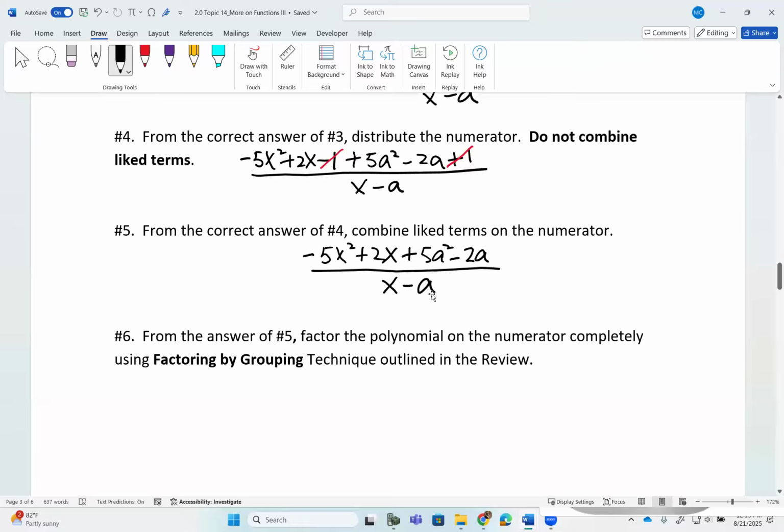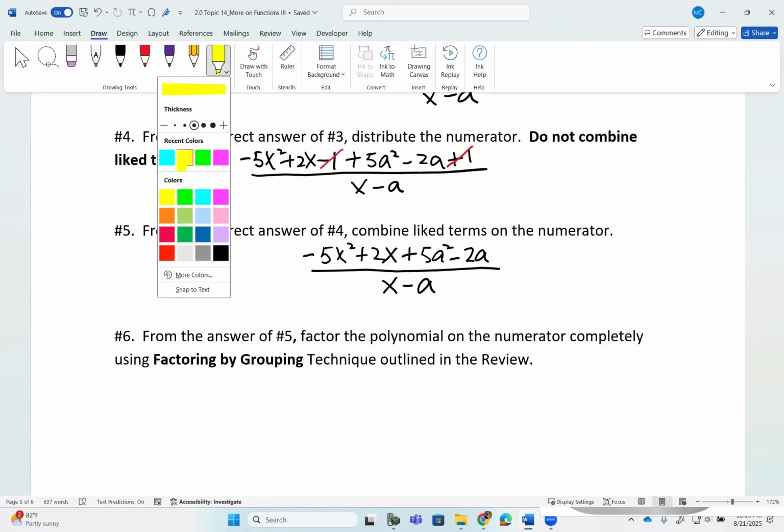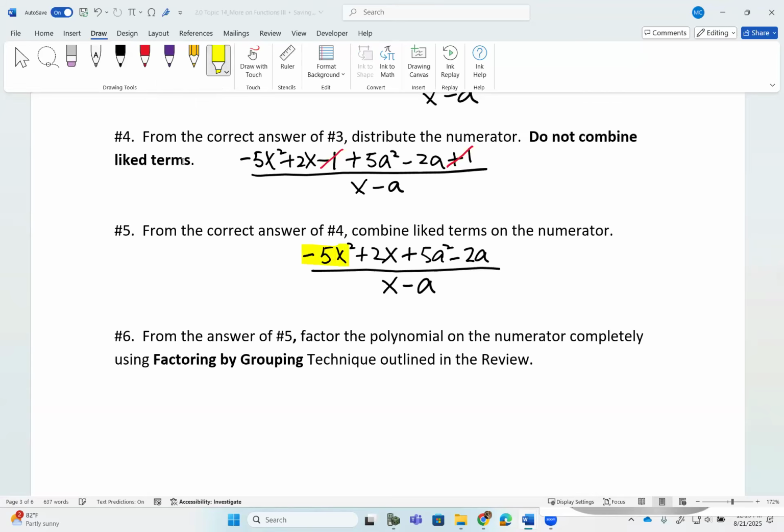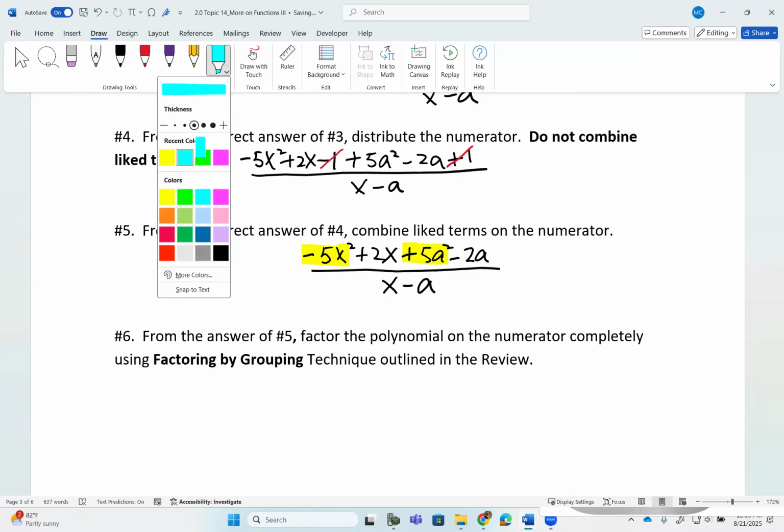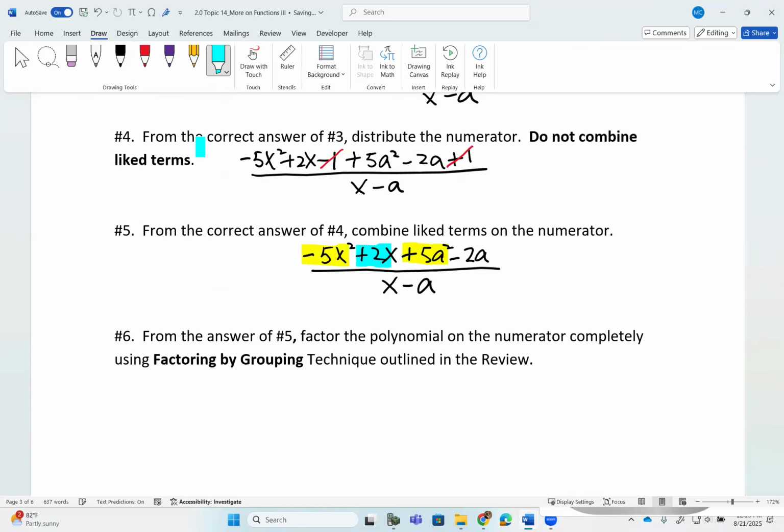So I need to group the x with the a. So I'm gonna group the first term, negative 5x squared, with the positive 5a squared, those two together. And then I'm gonna group the 2x with the negative 2a, with x as the first.